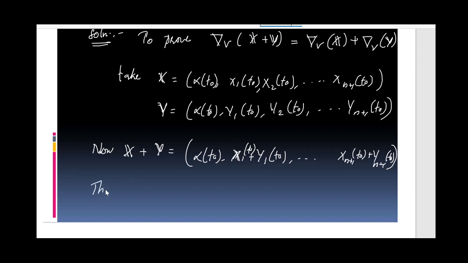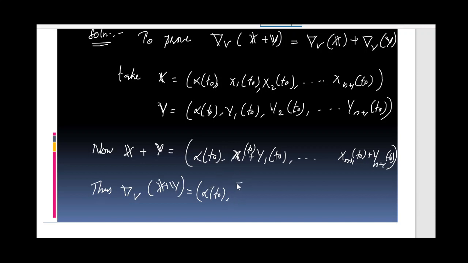Thus del_v of (x plus y) is equal to alpha of t naught as such.